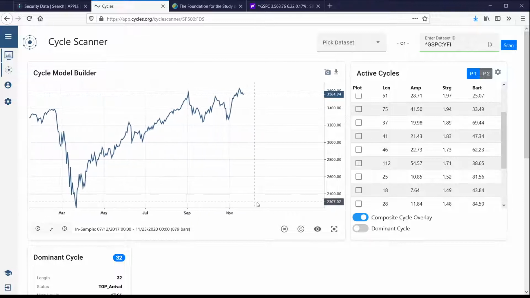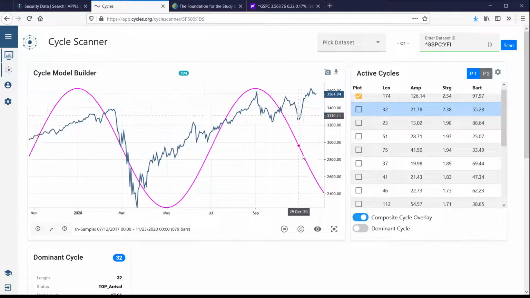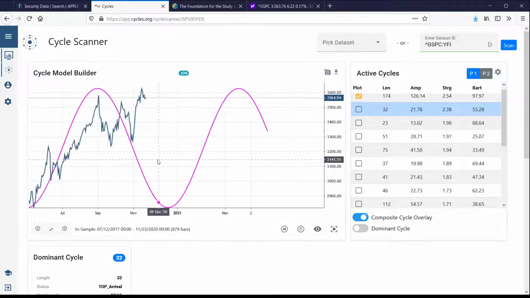So if you now search for cycles, for example, the 174. What's now important here, I would not call it really trend, but it's quite similar.